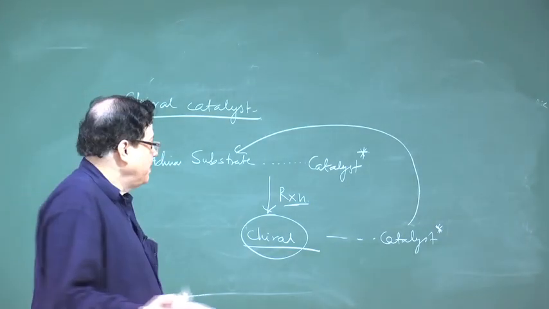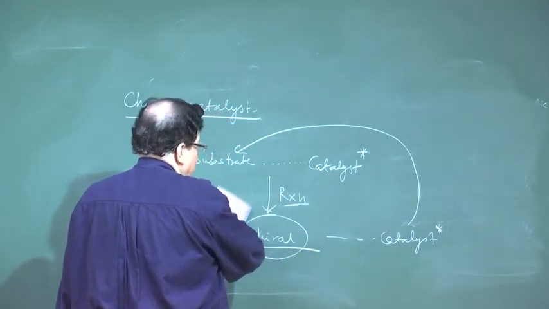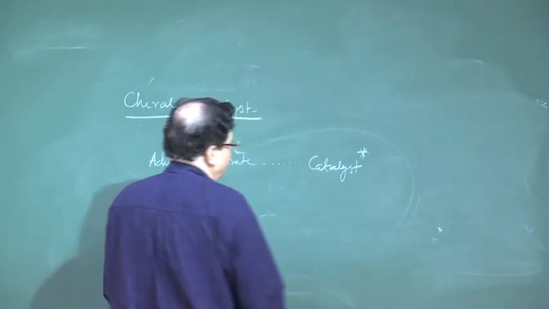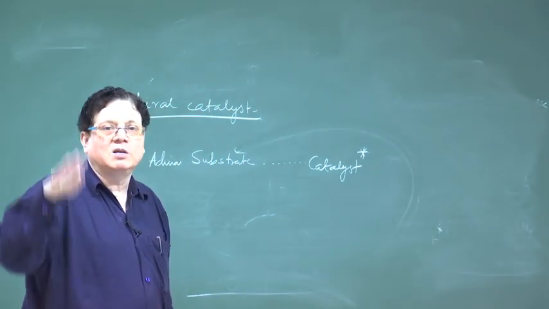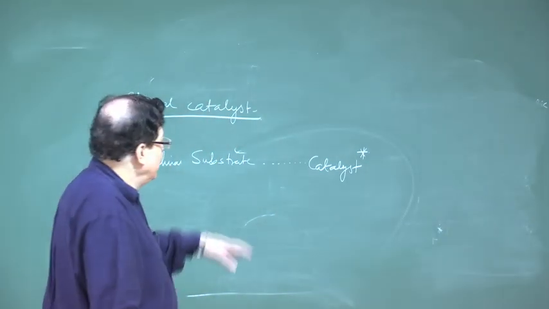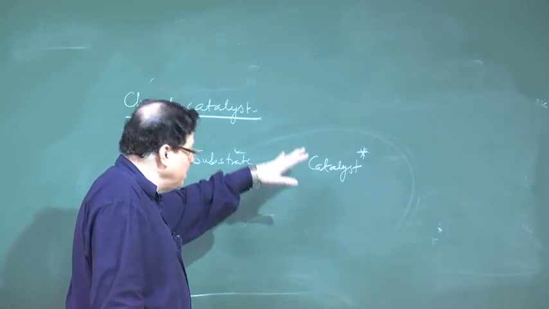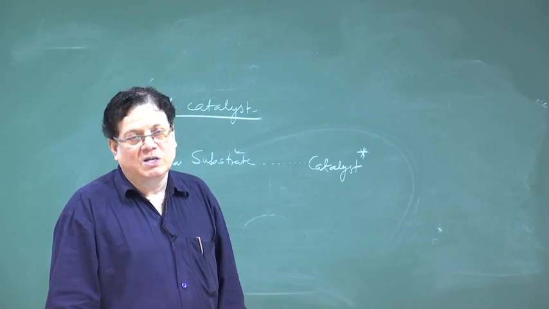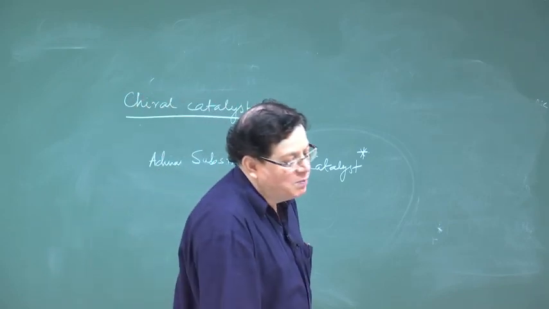This has an advantage: you can use much less catalyst, much below the stoichiometric amount. And today, even 1 mole percent or below has been used to achieve asymmetric synthesis.